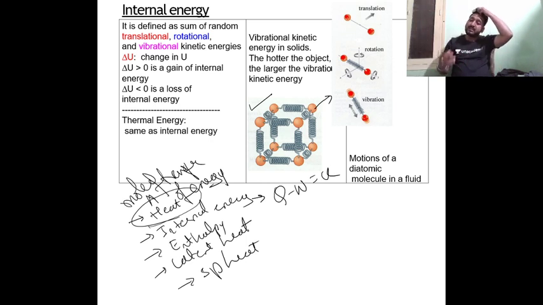So here the spring acts like the internal energy, balancing the ball and the other balls so they do not get displaced by the displacement of one ball. If one ball is getting displaced, it is not allowing the other balls to get displaced.